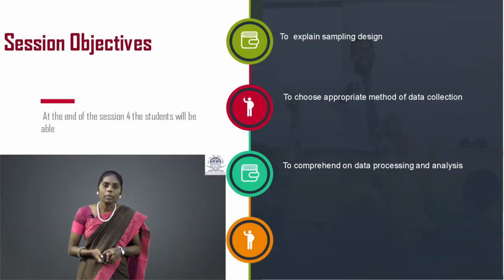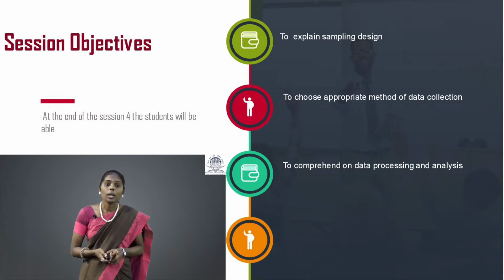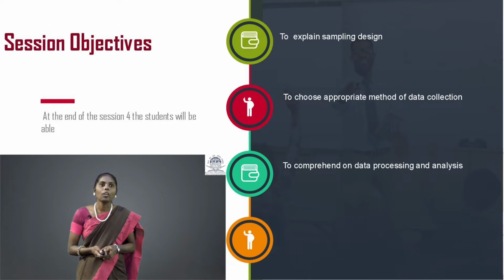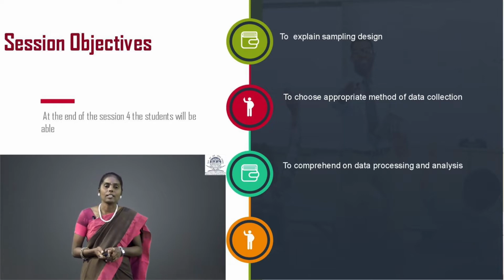We will look at it in depth in the next module, module 2, chapter 2. So by the end of this session 4, you will be able to explain sampling design, choose an appropriate method of data collection, and comprehend data processing and analysis. So let us start with sampling.